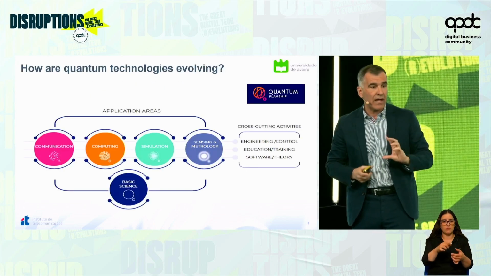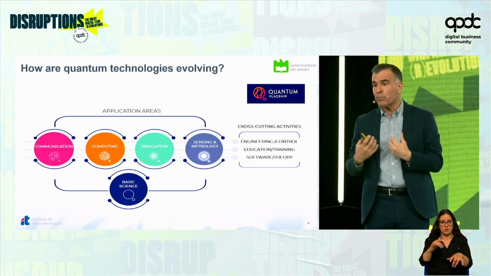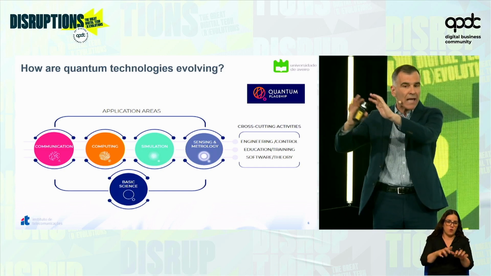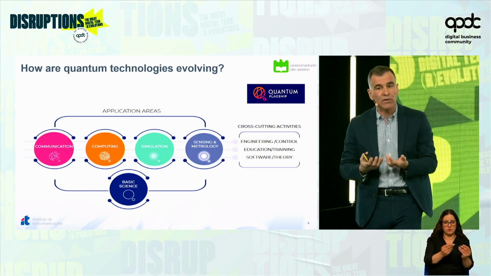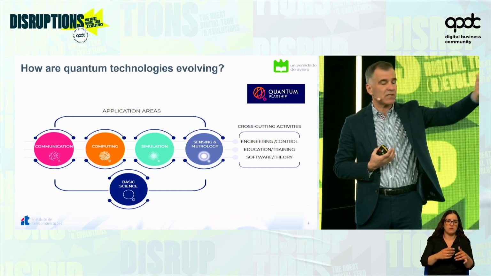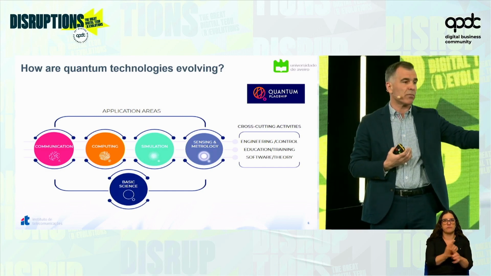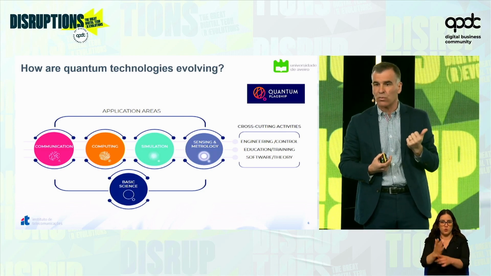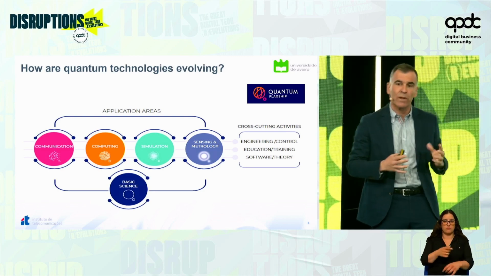Computing: the quantum computer is a machine which solves problems. There's a class of problems that, if I want to solve them with a traditional computer, will take centuries, but with a quantum computer it only takes a few minutes. This is its power.